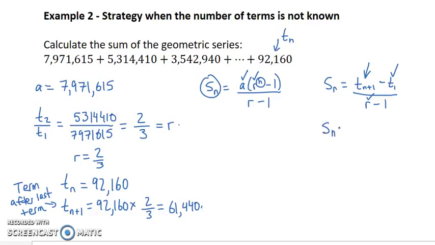So the sum of the terms, and we're going to keep that as n because we don't know n, is going to be Tn plus 1, which is 61,440, minus T1, which was 7,971,615. Divide all of that by 2/3 minus 1. And when you make that calculation, we can do that over a couple of steps here so you don't make errors.